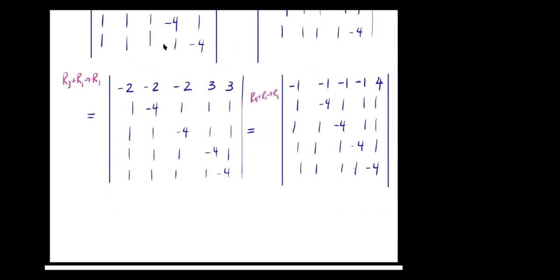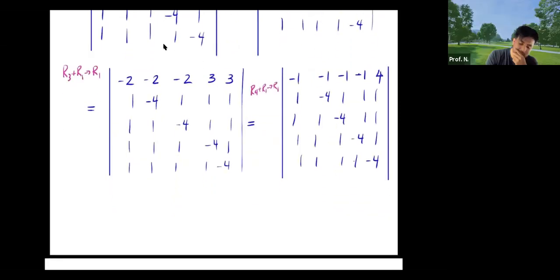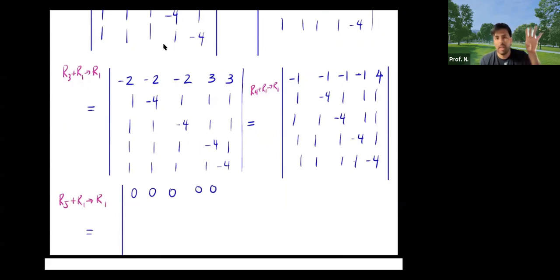Turns it into zeros. Whoa. So this is R5 plus R1 into R1. Pretty cool, right? So there's a structure behind this. This is 0, they're all zeros. They all cancel out eventually. And all I did was apply row operations to each row, right? Row 2 to row 1, row 3 to row 1, row 4 to row 1, row 5 to row 1.